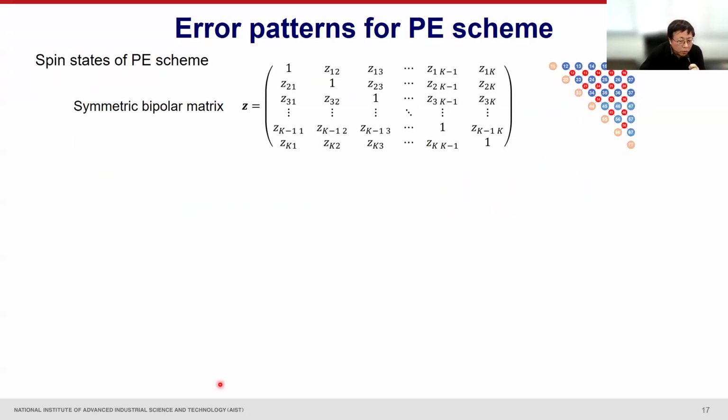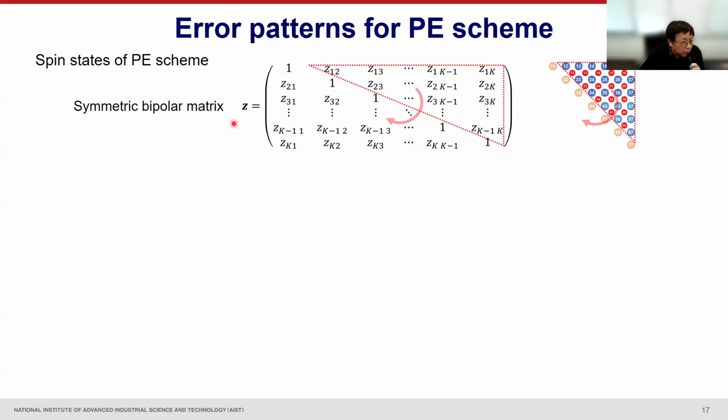To see the result of majority vote decoding, we represent the configuration of the physical spins, Z, by a symmetric bipolar matrix as shown here. This component is a copy of this component.